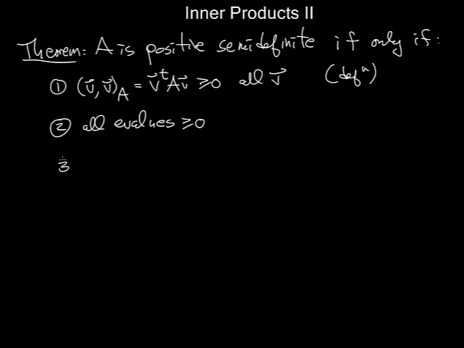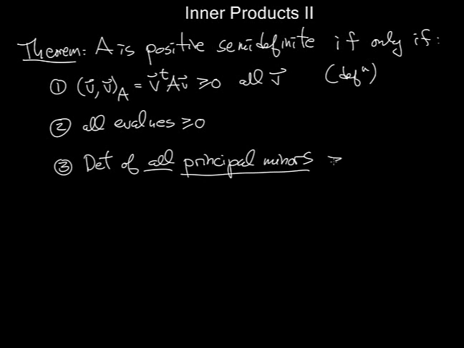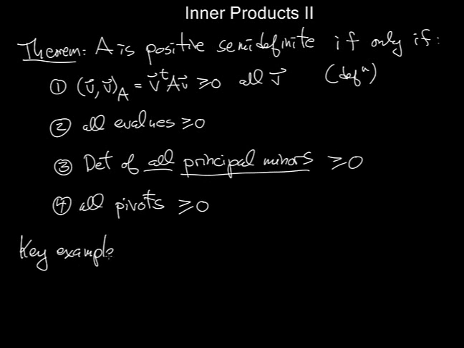And all the eigenvalues need to be greater than or equal to 0. The determinants of all of the principal submatrices, or principal minors, have to be greater than or equal to 0. Another equivalent one is that all of the pivots have to be greater than or equal to 0.